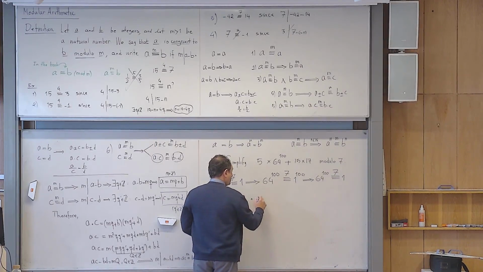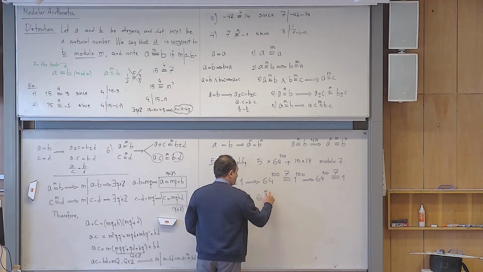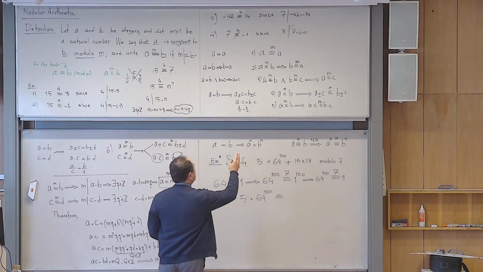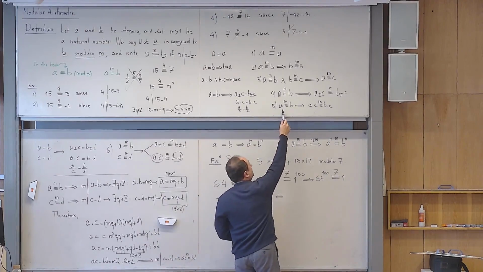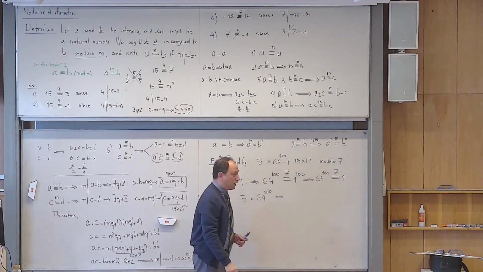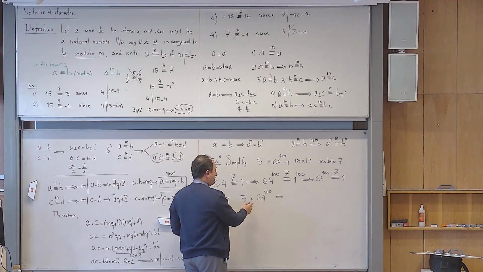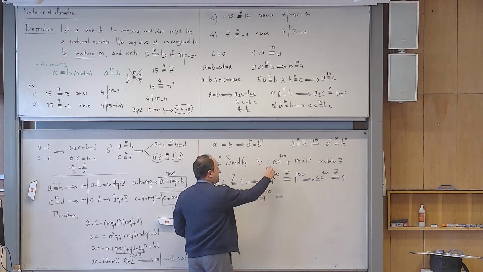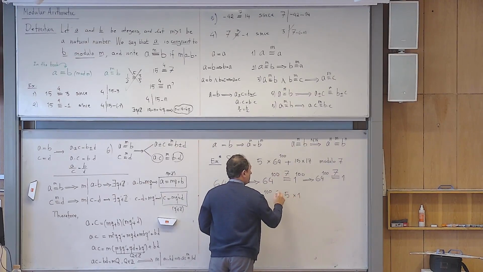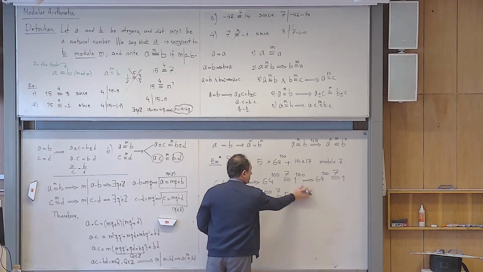Am I allowed to multiply both sides by 5? Yes, because we just discussed that. Yes, it is still on the board. If I have this, I can multiply it by any number that I like. I decided to multiply by 5. Why? Because I see a product of 5 here. So this becomes 5 times 1, and then I have 7. But of course, 5 times 1 is simply 5. Yes?